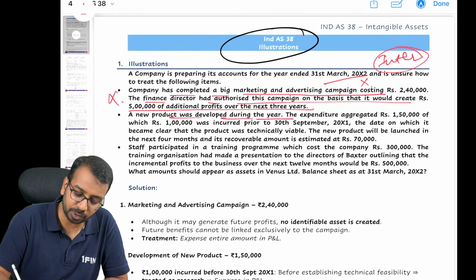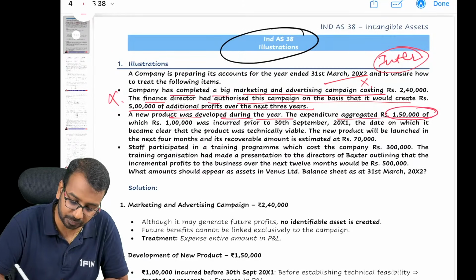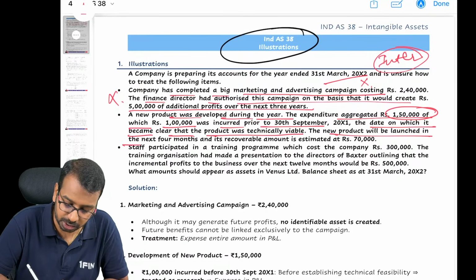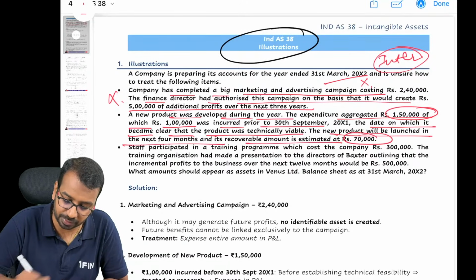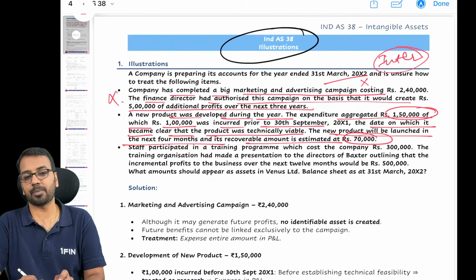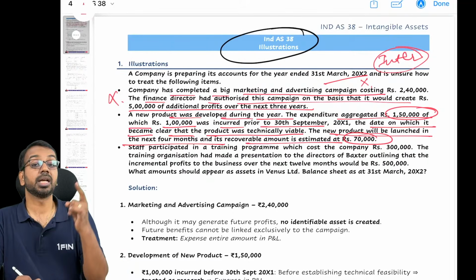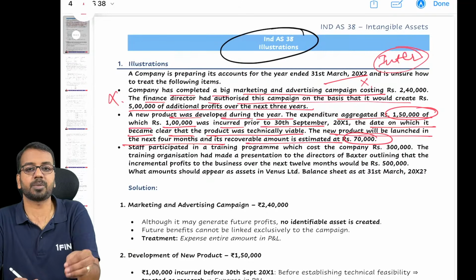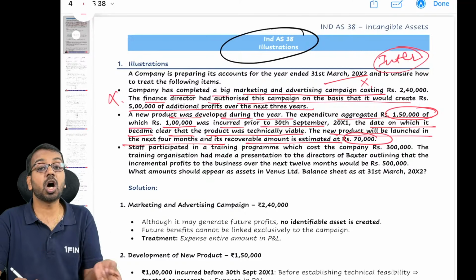A new product was developed during the year. Expenditure aggregated 1,50,000, of which 1 lakh was incurred prior to 30th September, the date on which it became clear that the product was technically viable. The new product will be launched in the next 4 months and recoverable amount is 70,000. Here, two things you have to keep in mind. One, an expenditure which has been incurred and expensed, research expense, already expensed, you will not recapitalize.